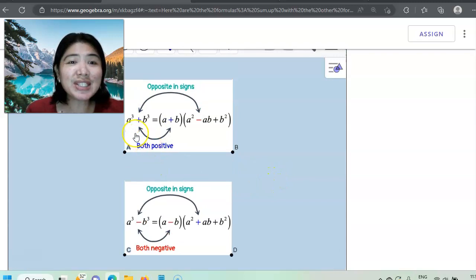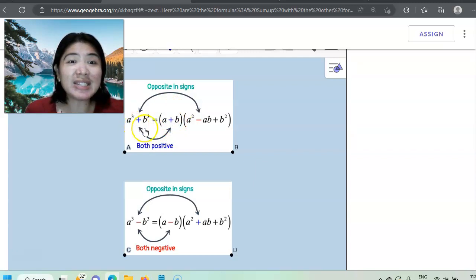Okay, so first, check the sign of the second term of the special product here, no? Sum of two cubes. So the second term is positive. So automatically we can say that the sign of the second term for the binomial factor will be positive also.